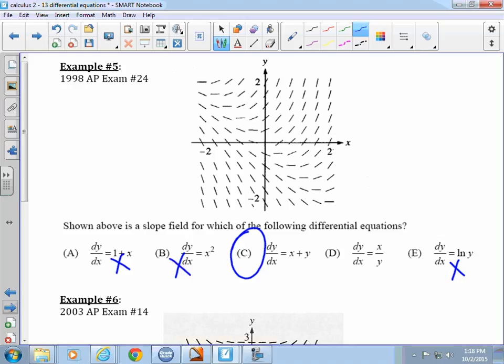This one, when y is 0, what would you get? Undefined slopes, which would be represented by a vertical line if you decided to put something there. This does not stay vertical the whole time, so it's not that. So that's a couple of things you can look at to pick out the answer without having to draw the entire slope field.